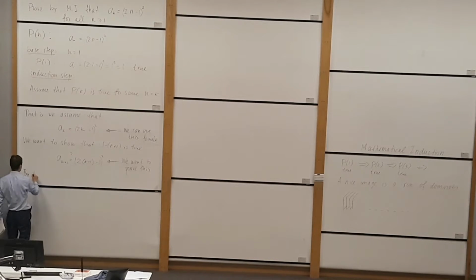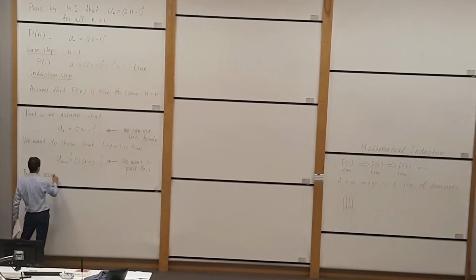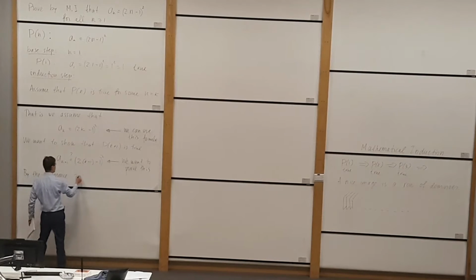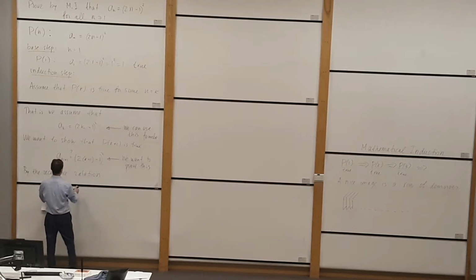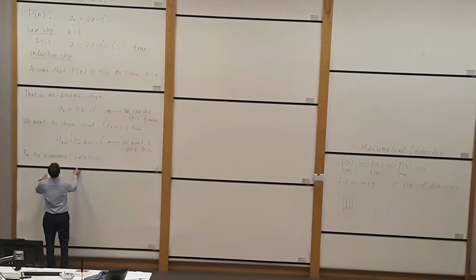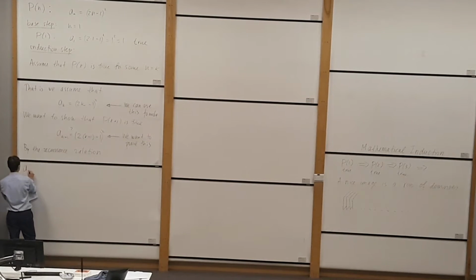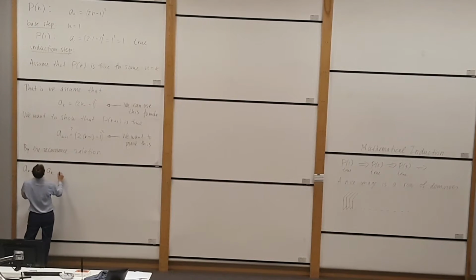So by the recurrence relation, a sub k plus 1 is equal to a sub k plus 8k. Right? It's true that the recurrence relation is true for any n, in particular for n equals k.